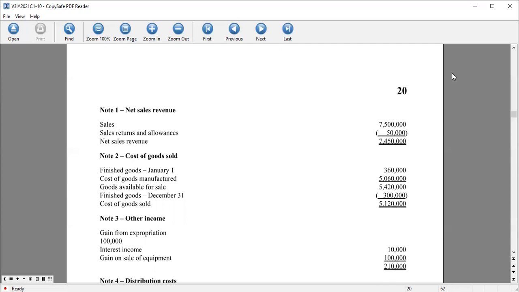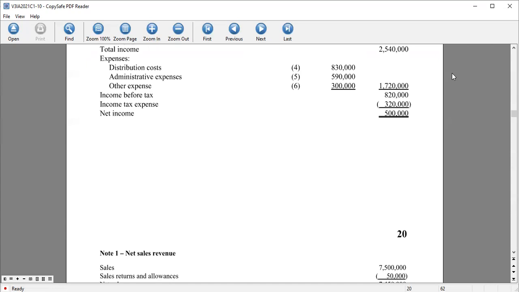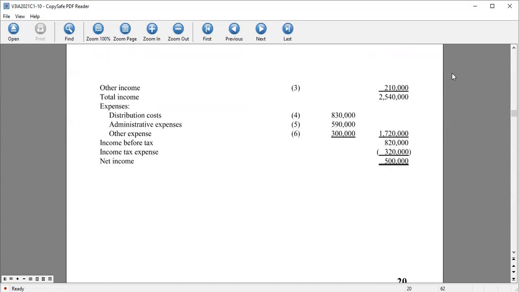And then interest income of 10,000 and gain on sale of equipment for 100,000, giving us the total of your other income in the amount of 210,000. So going back to the main statement, other income 210,000 from note number 3.